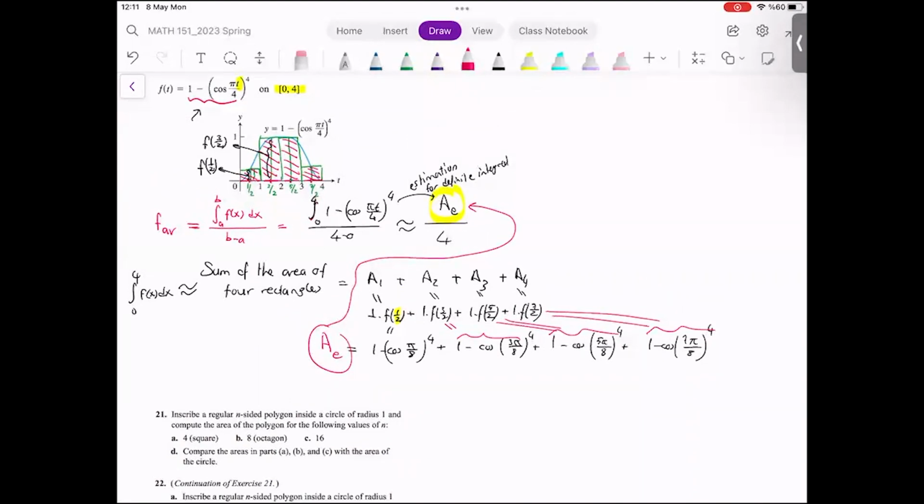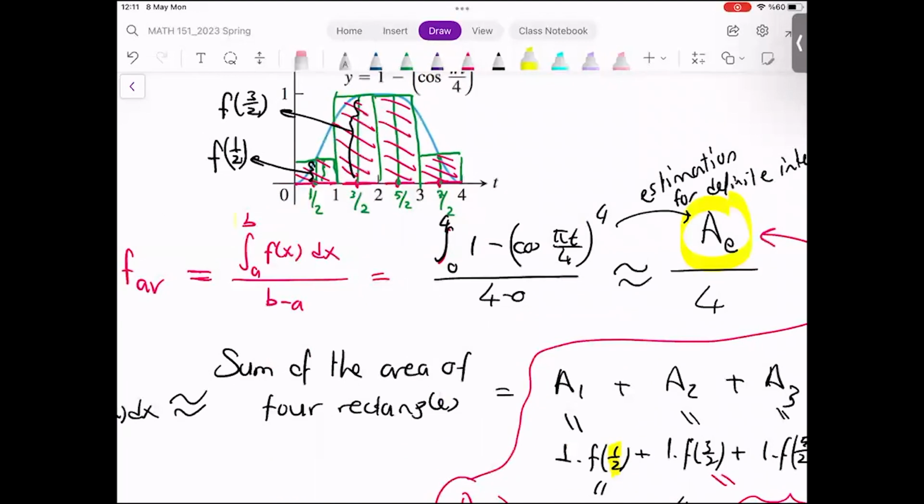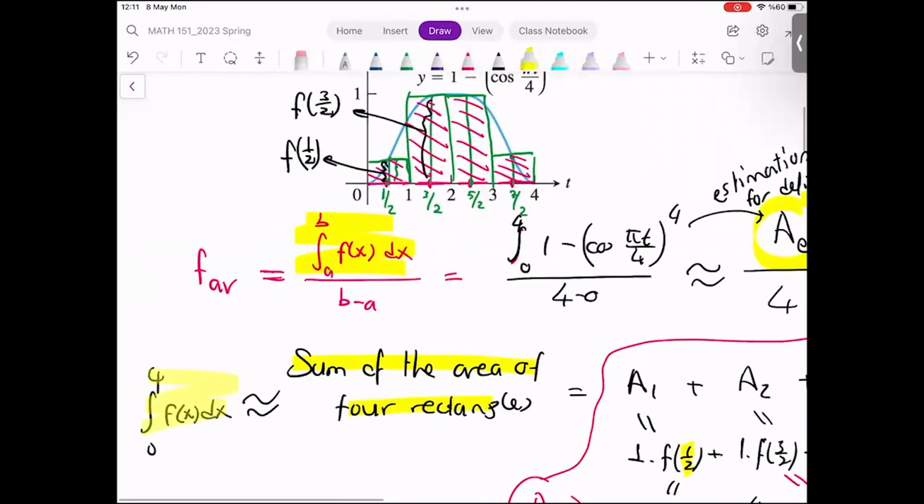The idea here is that the definite integral, this part, is estimated by the sum of the areas of the rectangles. This definite integral can be estimated by using approximating rectangles like this, and we use 4 approximating rectangles here. Obviously, the sum of the areas of those 4 rectangles does not give us the exact area under the curve.